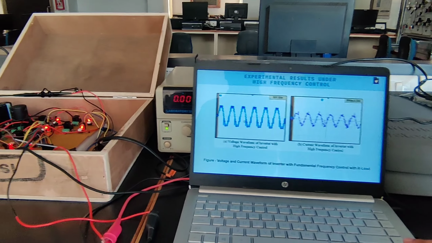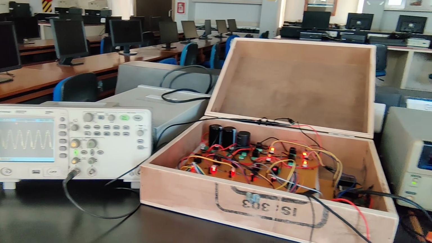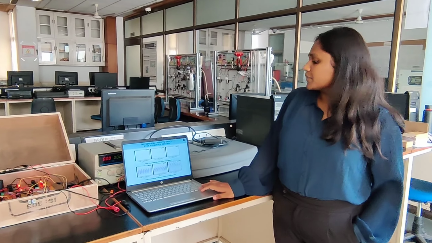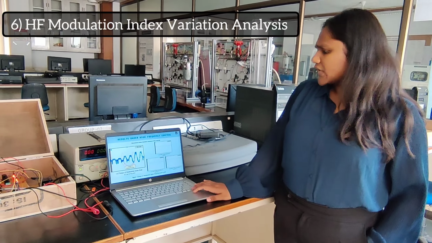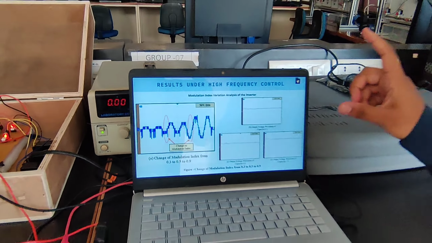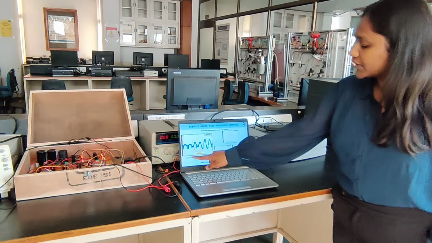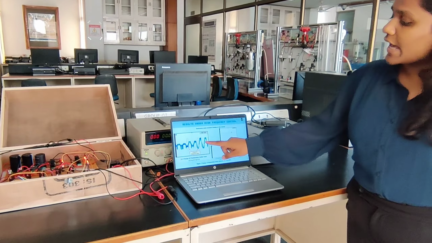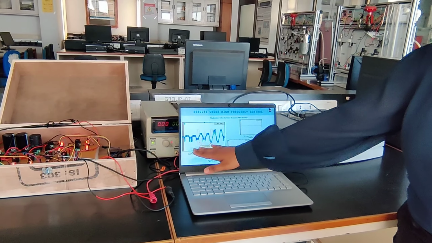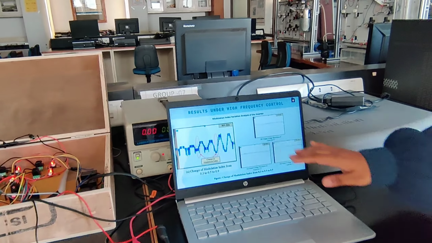Over here we can once again see that under high frequency control the voltage and current waveforms have been compiled for your viewing. We have then taken the various results under the change of modulation index from 0.3 to 0.5 to 0.9, and we can observe over here that the voltage levels have changed from 3 level to 5 level to 9 level.